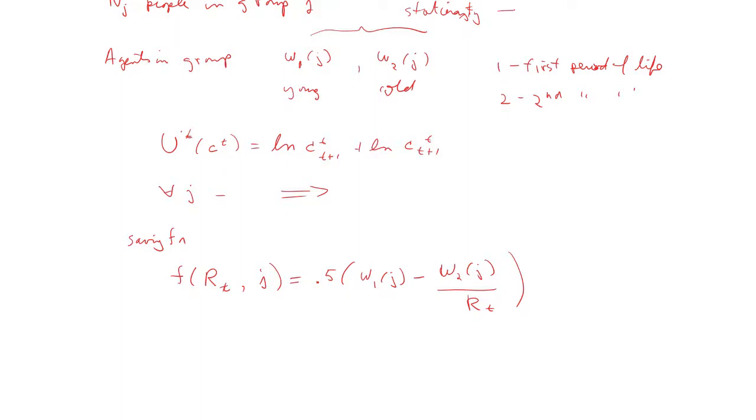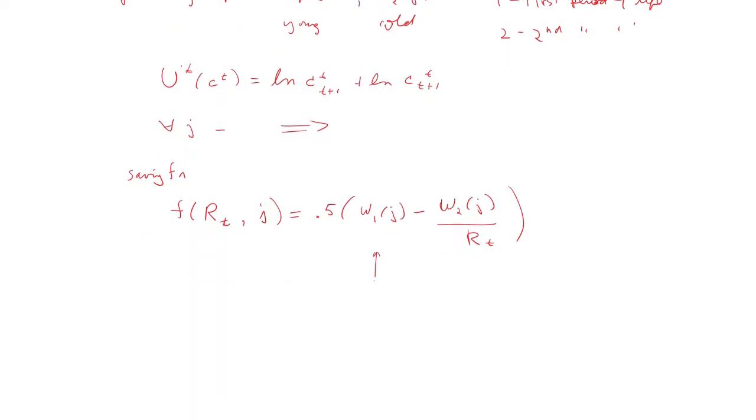So this is how much you save. And what this tells you is if w_1 is big relative to w_2, the person will tend to be a saver, or a lender, you could say a lender. If w_2 is big relative to w_1, then the person will be a borrower in the first period of life.